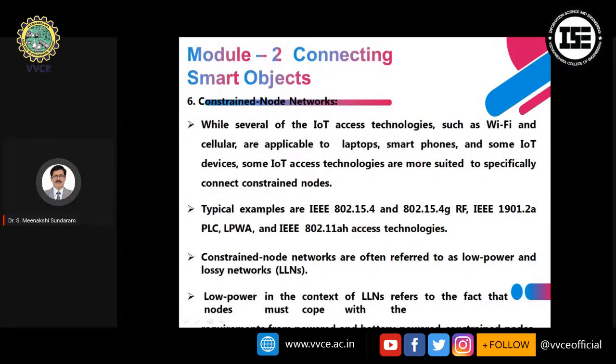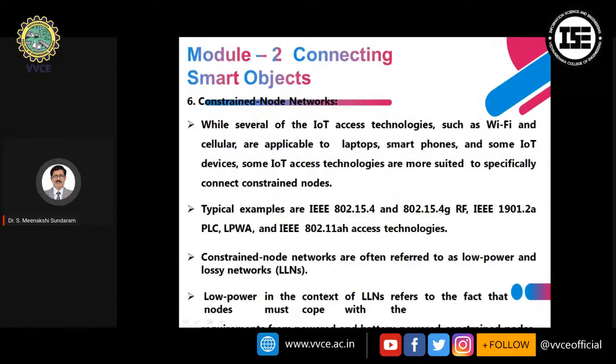While several IoT technologies such as Wi-Fi and cellular are applicable to laptops, smartphones, and some IoT devices, some IoT technologies are more suited to specifically connect constrained nodes. So typical examples are 802.15.4, 15.4g RF, 1901.2 PLC, LPWA, and 802.11ah access technologies.